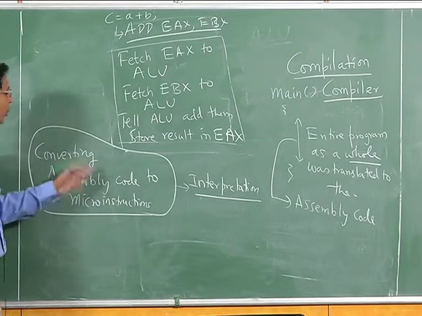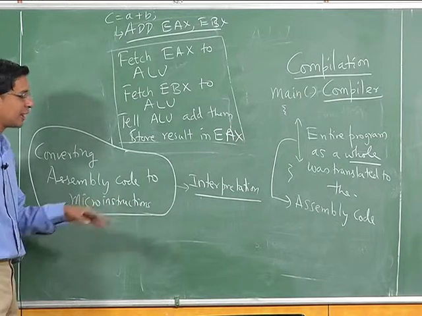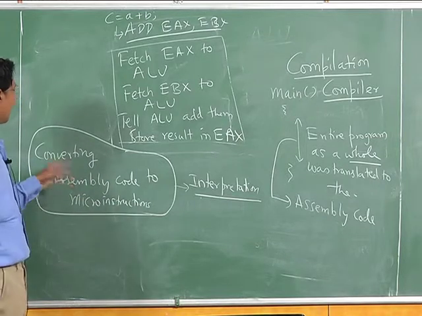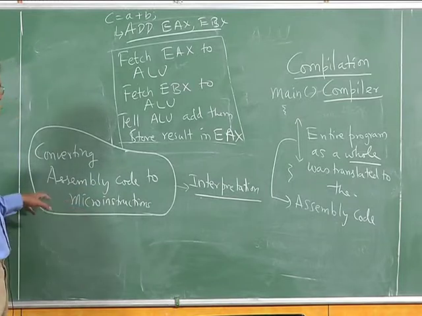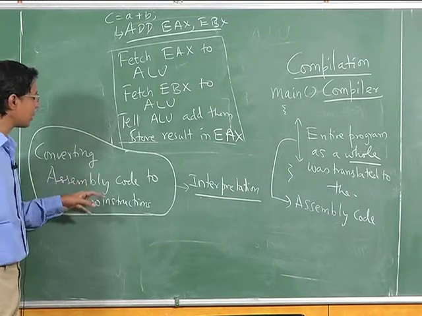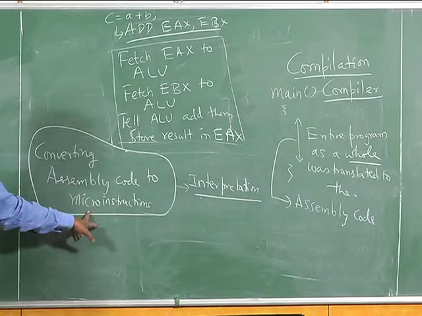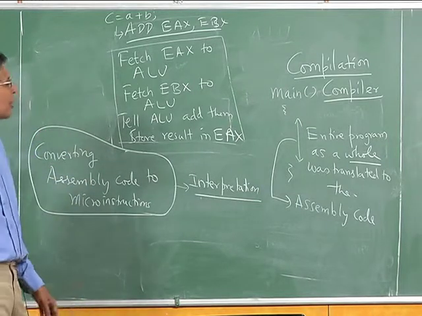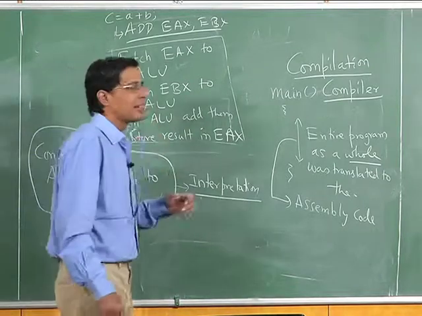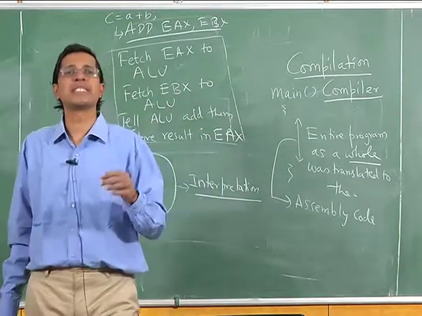So the whole assembly code is not translated to micro instruction and executed, rather every instruction is taken and then the corresponding assembly code is generated. Every assembly code is taken and the corresponding micro instructions are generated, they are executed, and then you go to the next assembly code. So please understand that there are two translations involved.